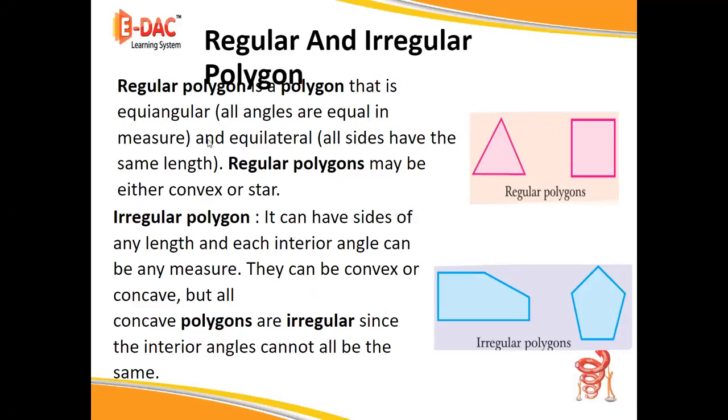A regular polygon is equal angular, meaning all angles are equal in measure, and equilateral. Equal angular and equilateral.